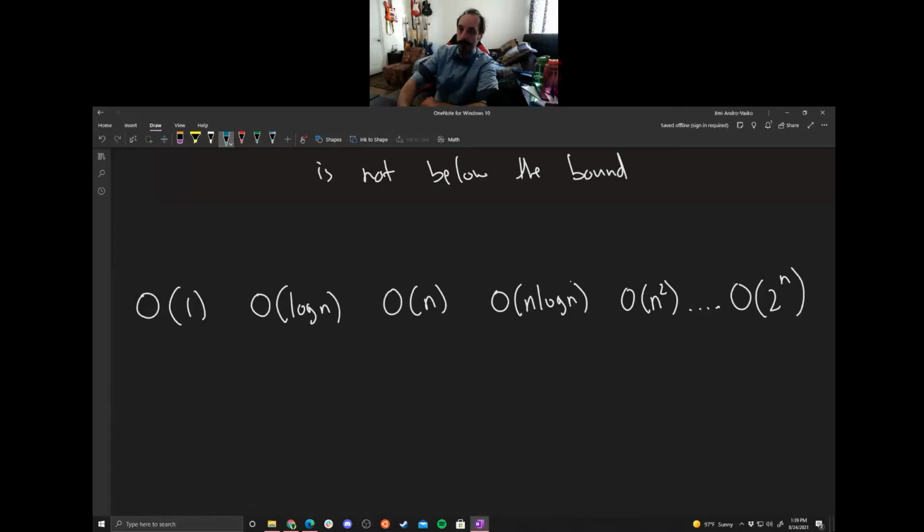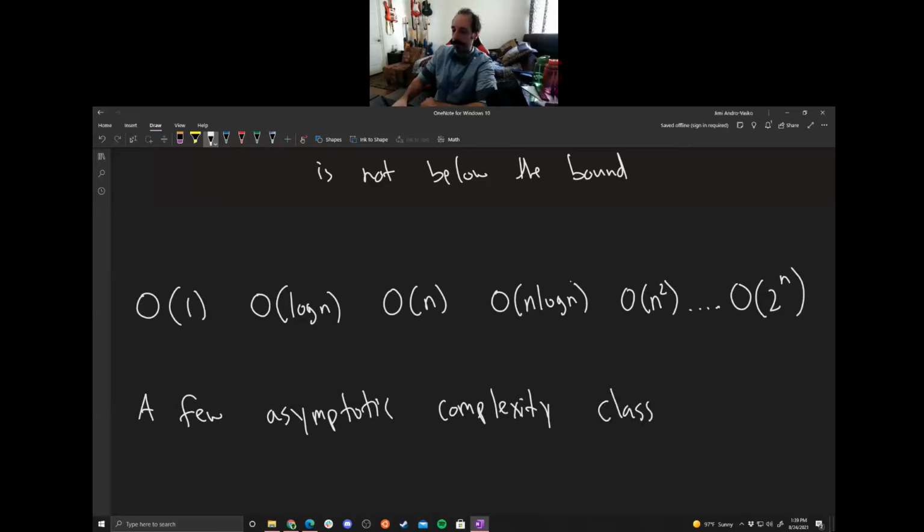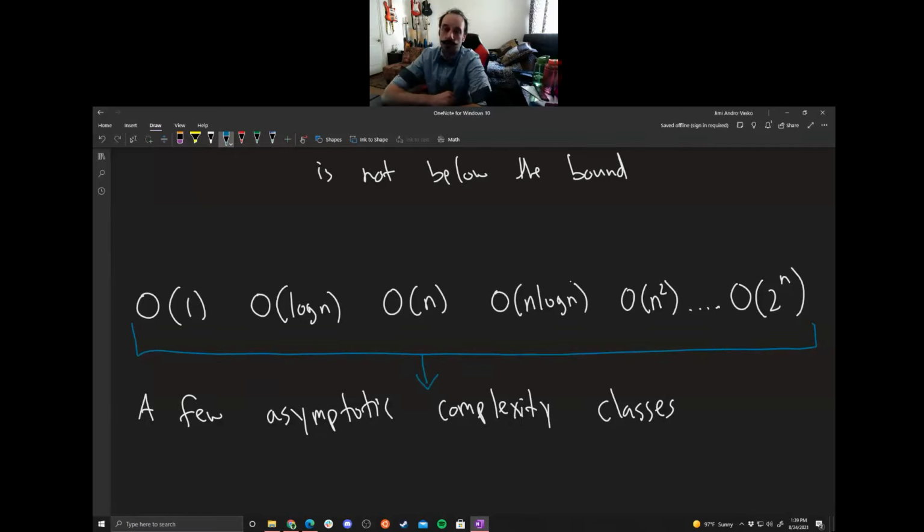These are just a few asymptotic complexity classes. So these are ways we can group functions into an asymptotic class.